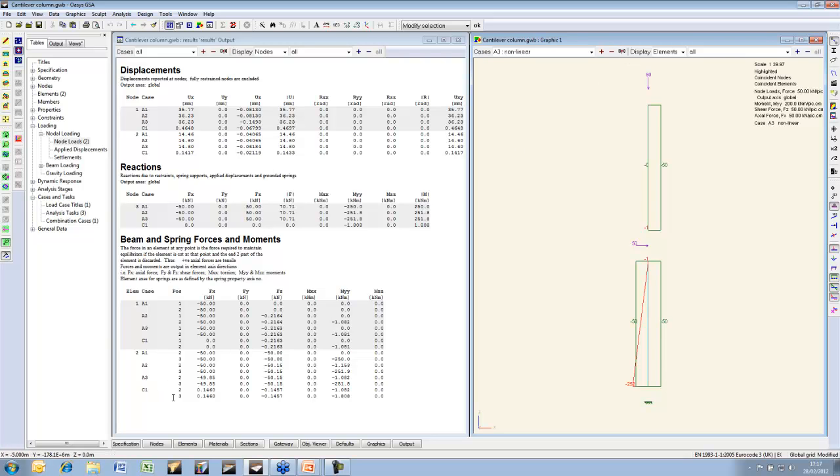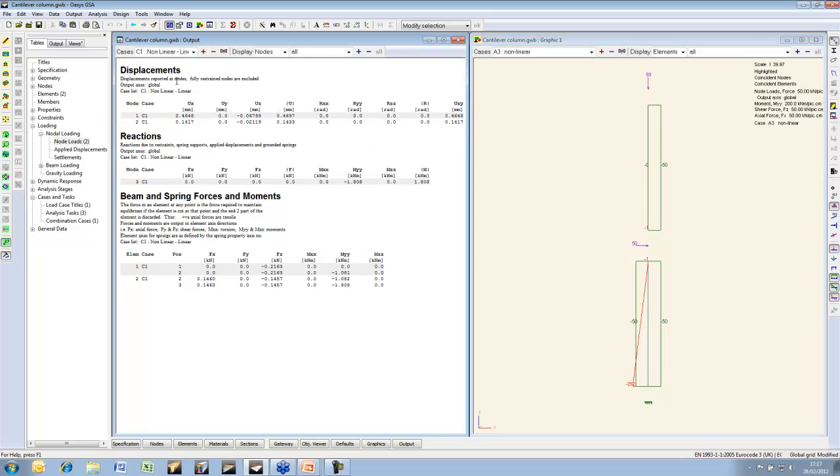Note, I've also got a lowercase c1, which is the non-linear results take away the linear results, so you can see the difference between the non-linear and linear, and the differences are quite small at present.